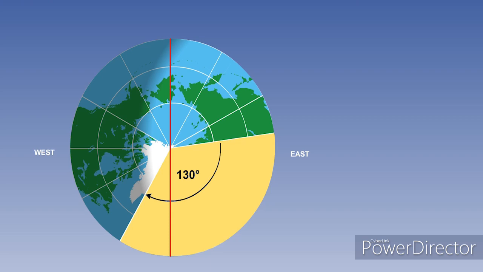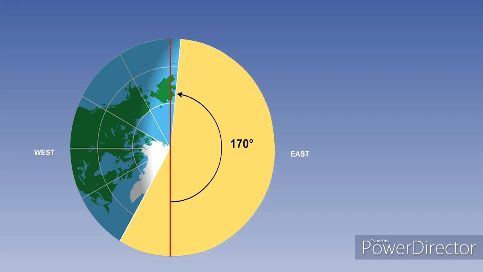Now let's consider another example to 170 east, east 17000, from the 30 west meridian. It is now apparent that there are two angles between the two meridians, one of 200 degrees and one of 160 degrees.